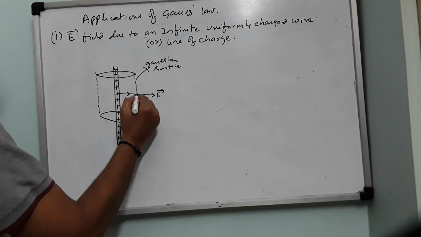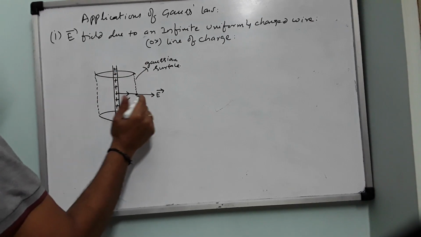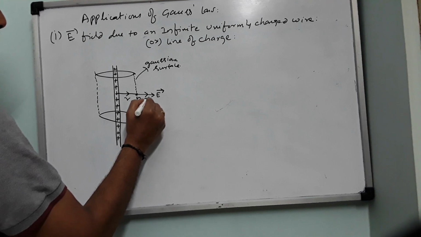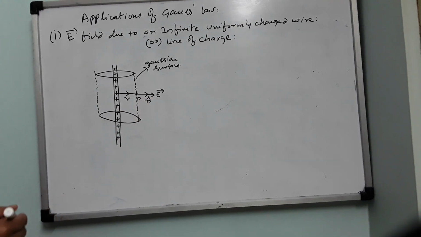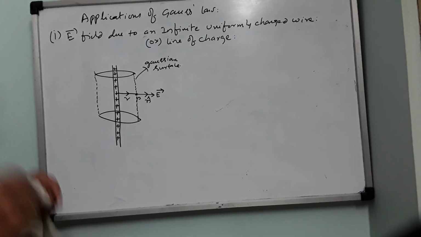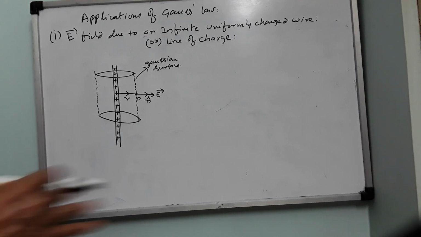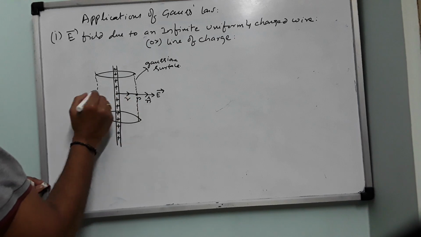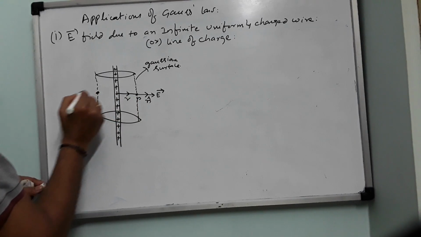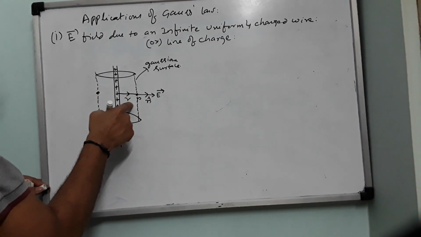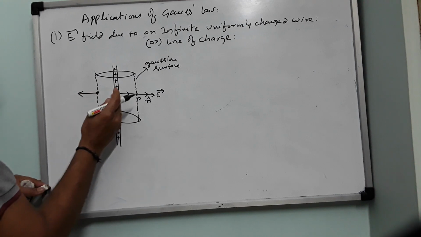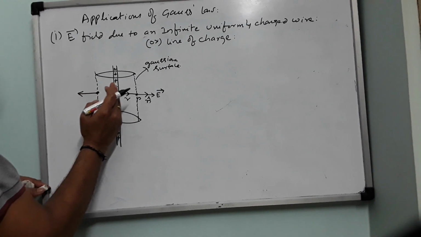If you take a small area here on this curved surface, if you draw a normal, it will be outwards only. This also we have discussed in the previous class. Anytime the normal should be drawn outwards from the surface. Right. If you consider another point over here, say let us say this is point Q, which is equally located as point P. Here also electric field will be radially outwards because this will produce flux radially outwards.